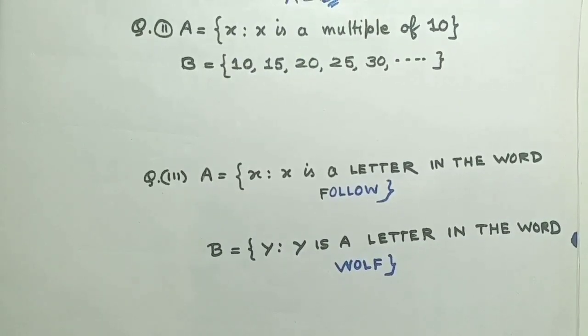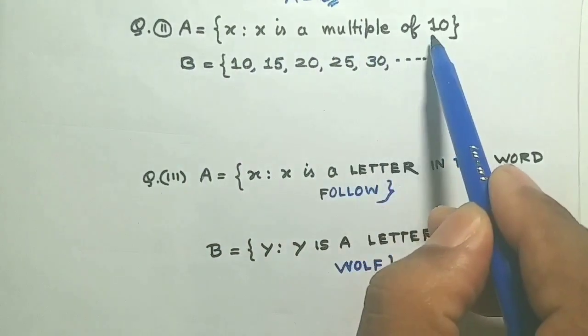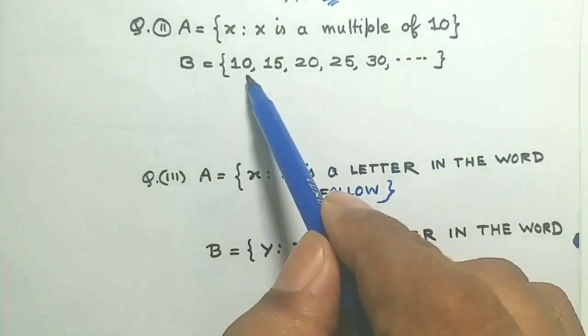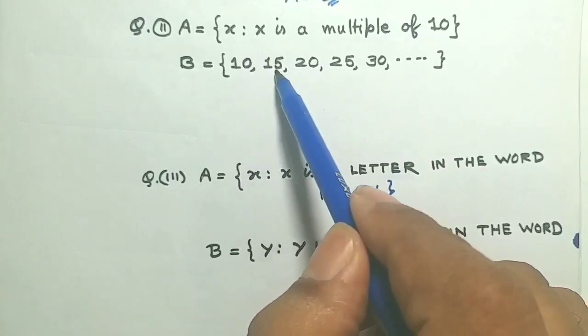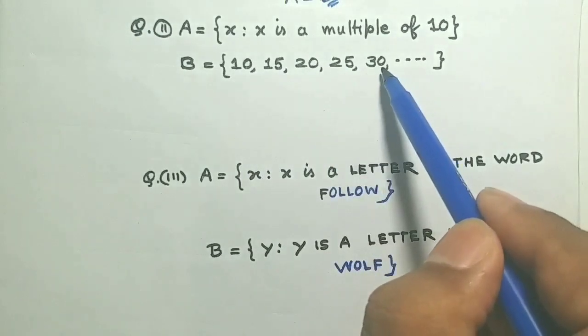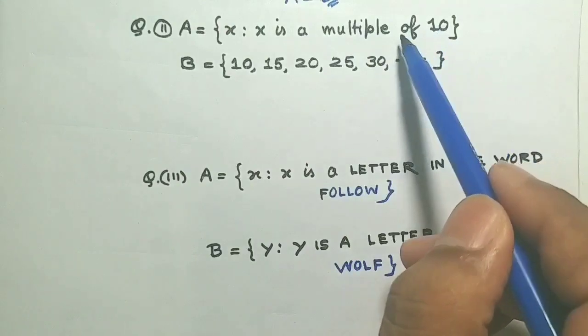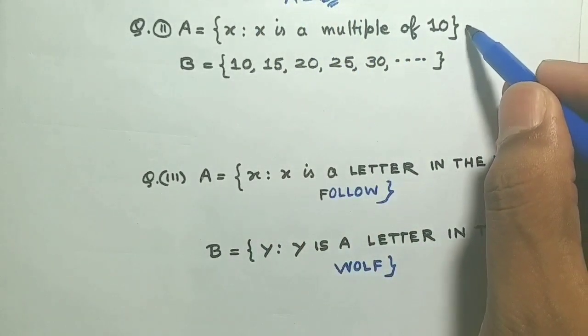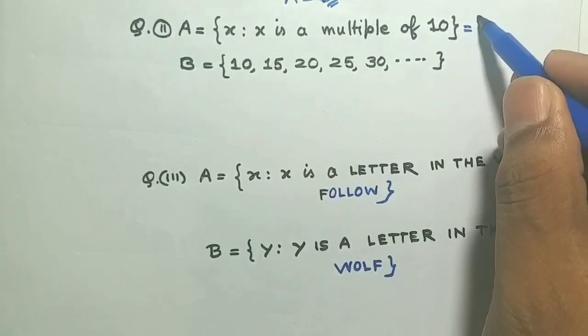Now let's work out questions 2 and 3. In 2, A is the set of multiples of 10 and B contains 10, 15, 20, 25, 30, and so on. So what is in A? X is a multiple of 10.